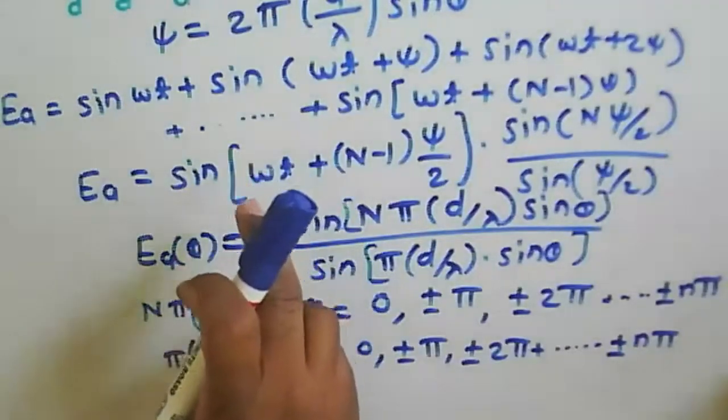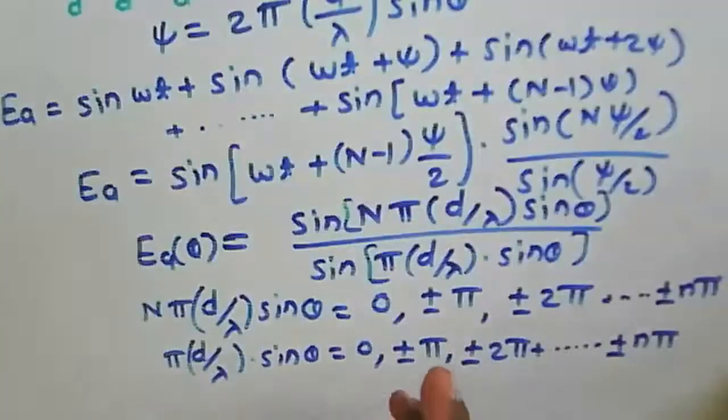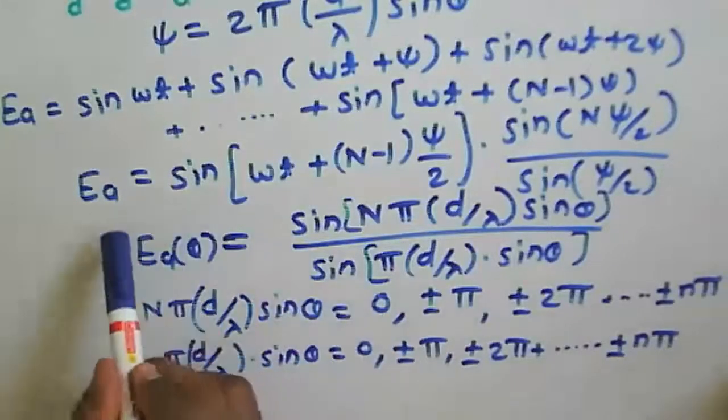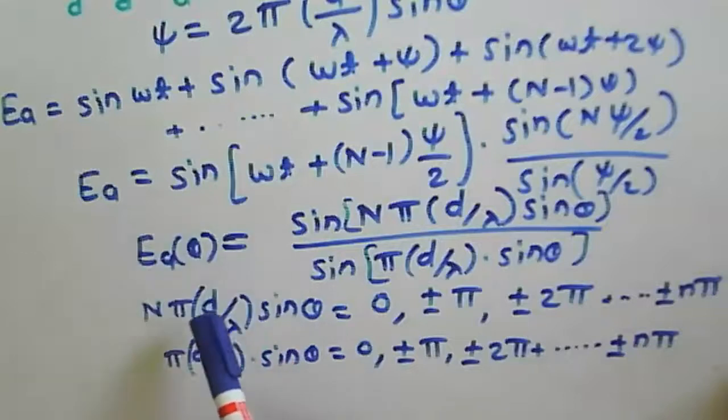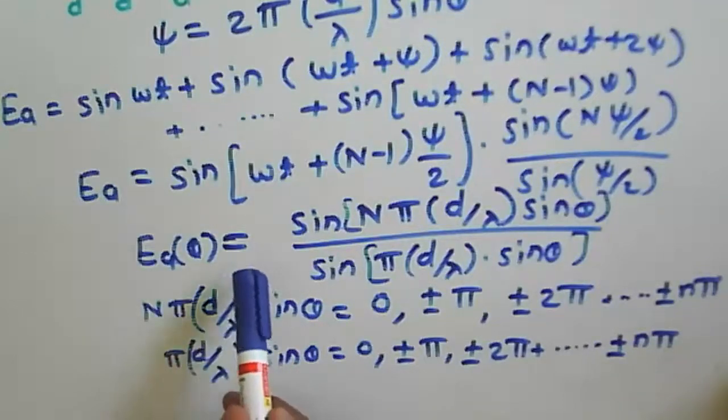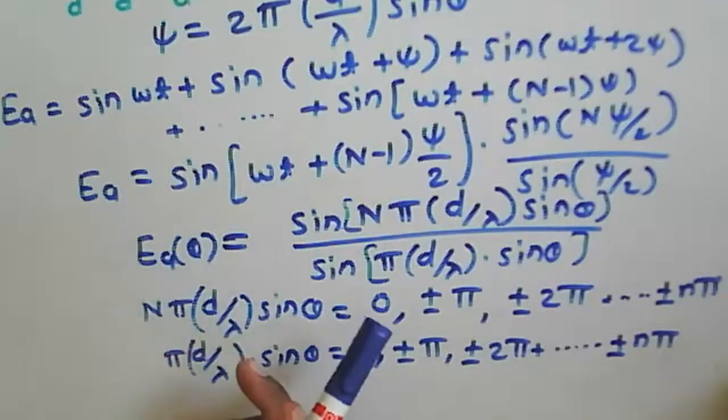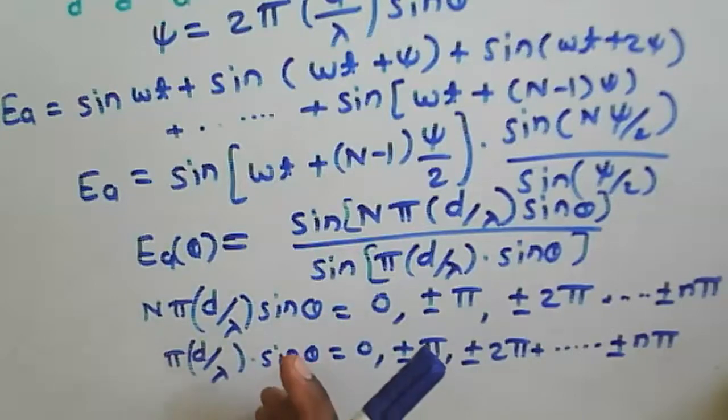So for either numerator or denominator, even if it is 0, it means your pattern has a 0 there, so your field intensity will be 0 there.